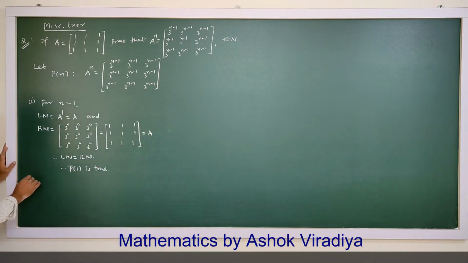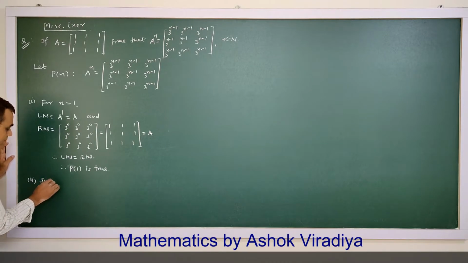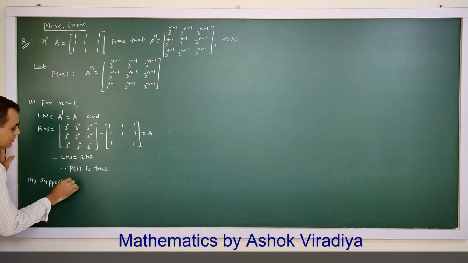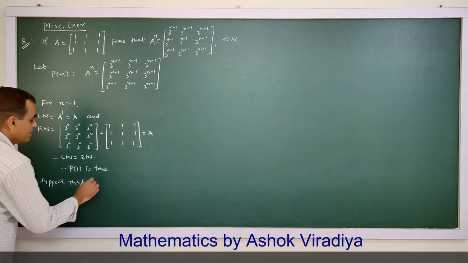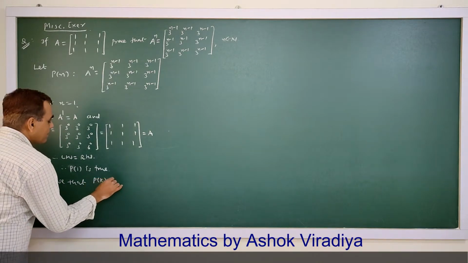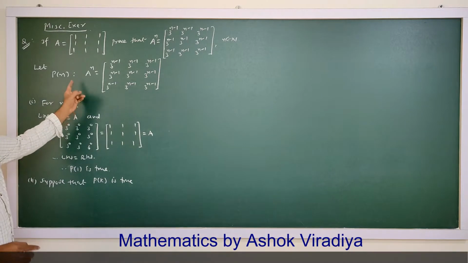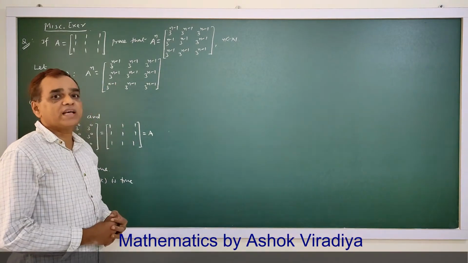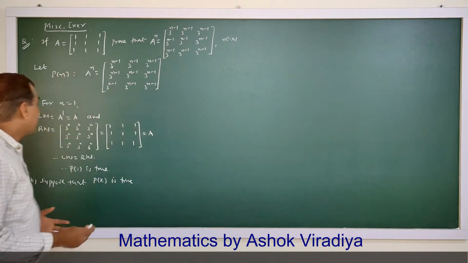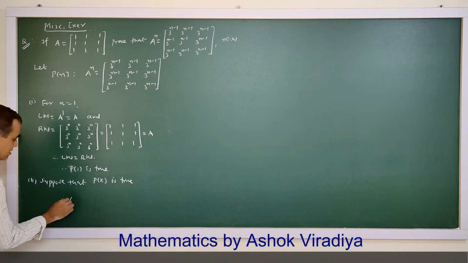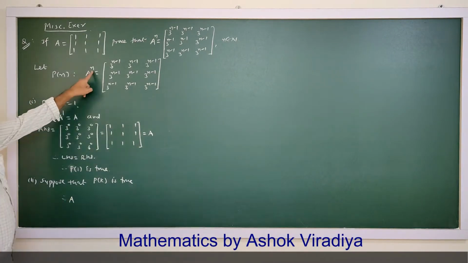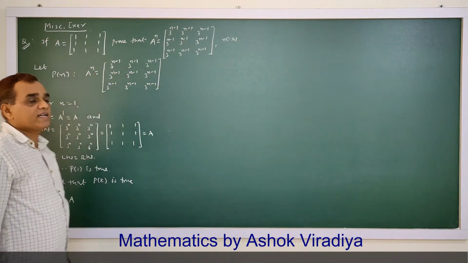Now second part. Suppose that P of k is true. The statement is true for n equal to k. So that means putting n equal to k, LHS equals RHS.